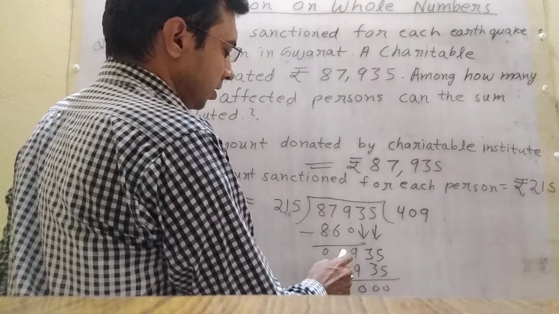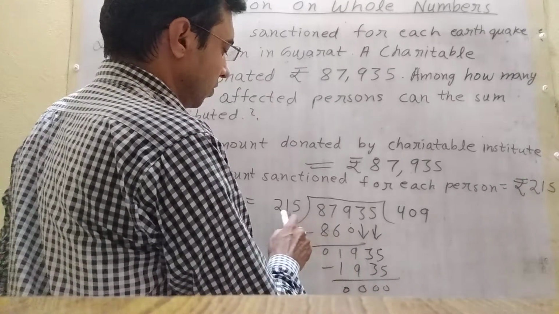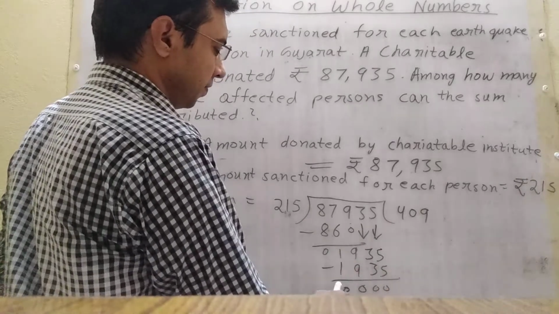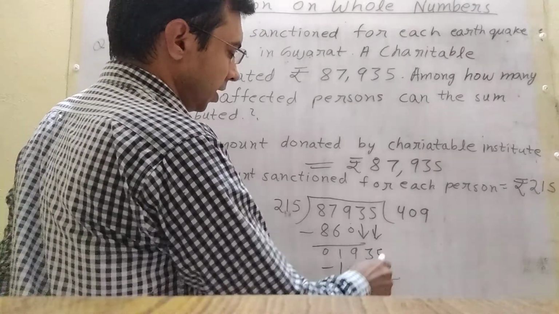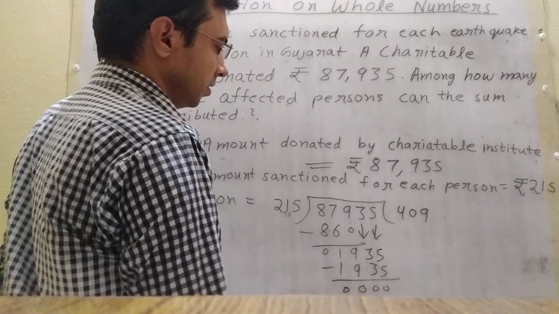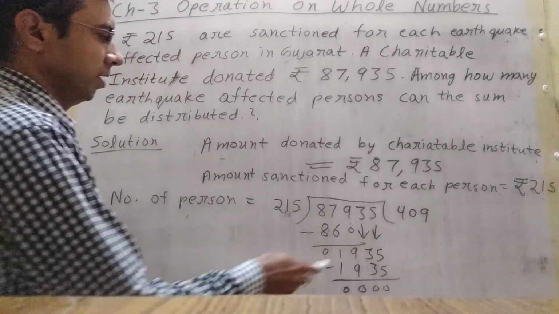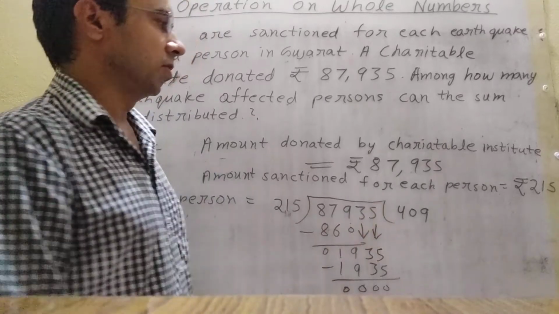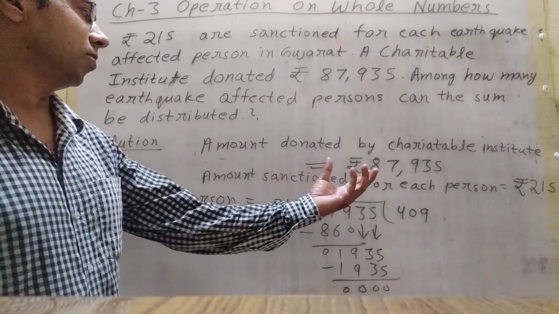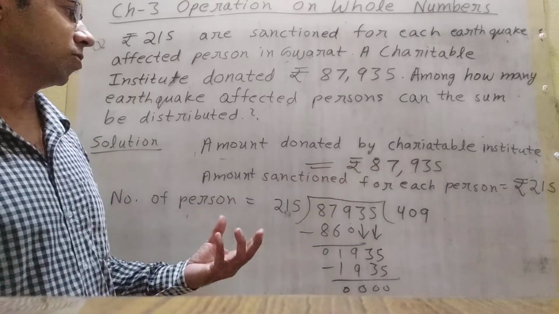Now it is 1935. 215 multiplied by 9, 1935. So when you subtract, 5 minus 5 is 0, 3 minus 3 is 0, 9 minus 9 is 0, 1 minus 1 is 0. So the number of persons is 409. So among 409 persons, this donated amount is to be distributed.